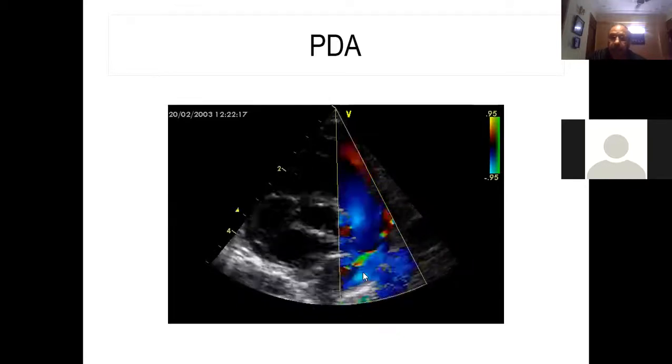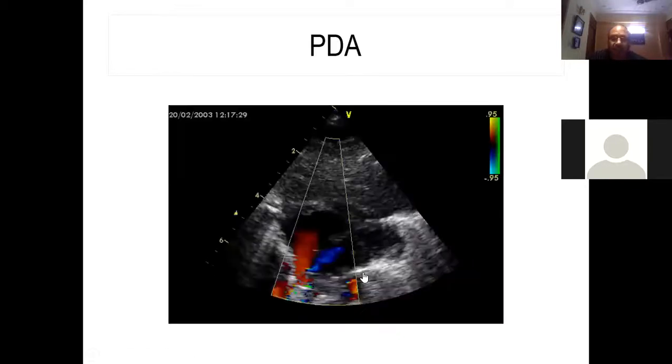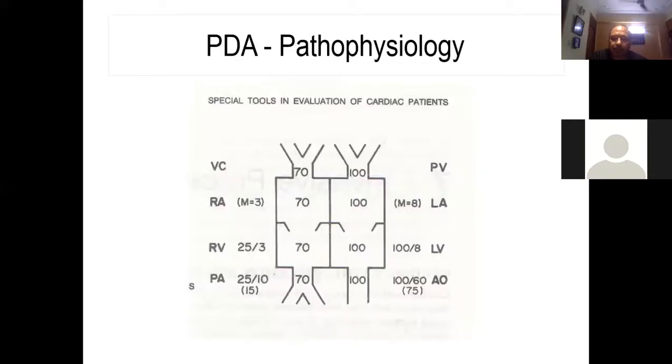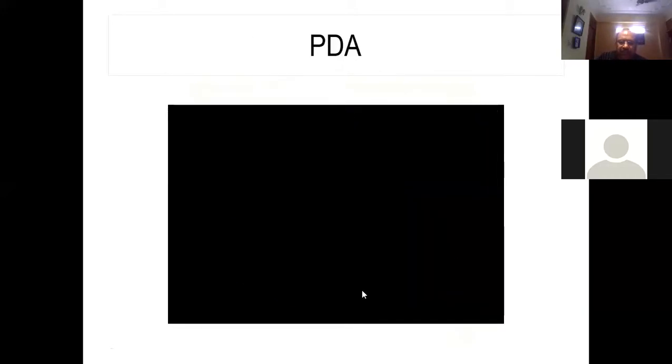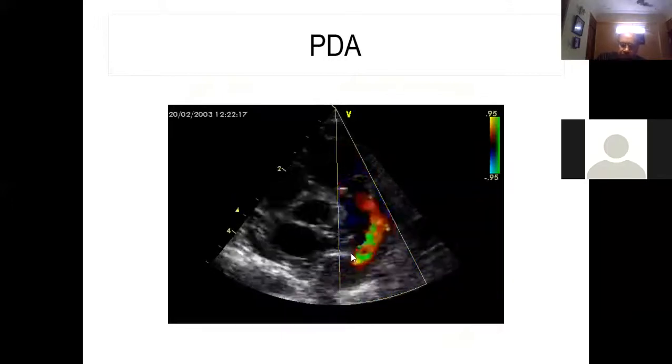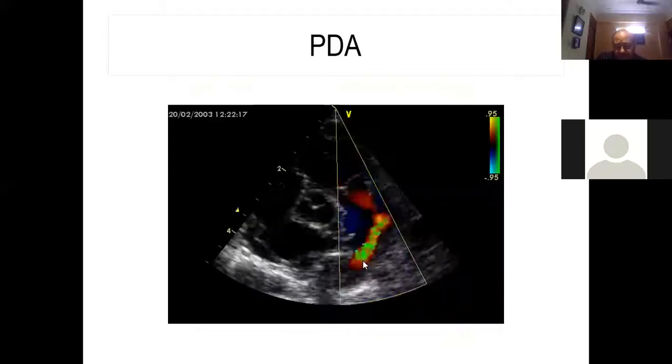Why? Because the pressure of the left ventricle or the aorta is much more than the pulmonic artery. If my LV pressure is 100 millimeters of mercury, the pulmonic pressure is only 25 millimeters of mercury. This is a gradient of almost 75, which translates into almost 4.2 meters per second flow velocity. So we put a sample volume and we see a flow like this.